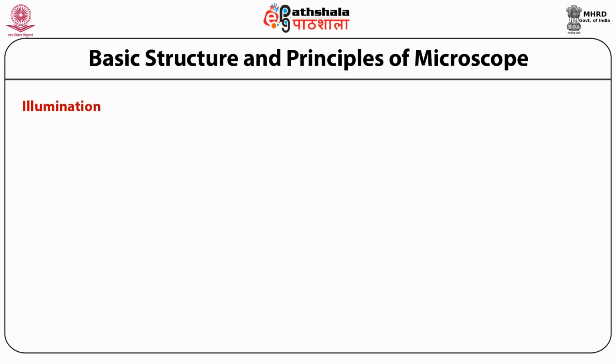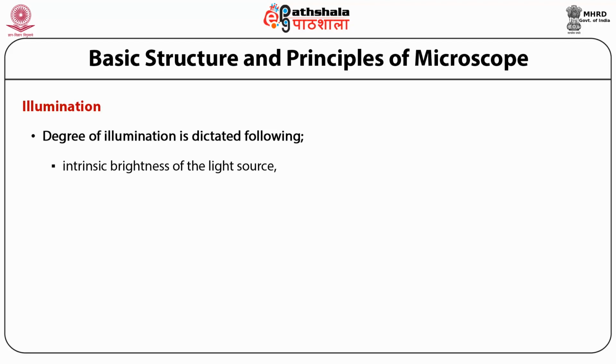So the condenser takes the light from the illuminator or the light source and projects it to our sample. But the degree of illumination is very critical, because uniform illumination is very crucial in getting a high contrast image. And the illumination intensity depends upon the following factors.